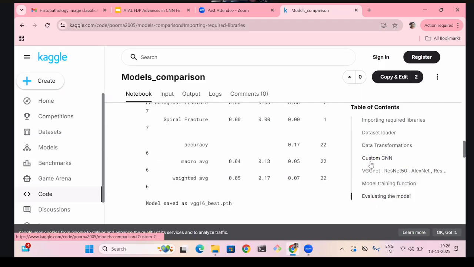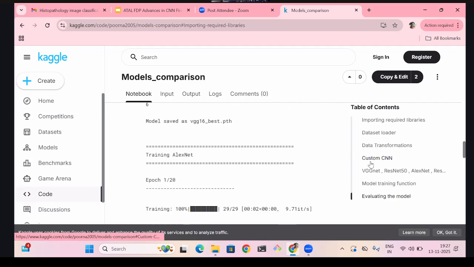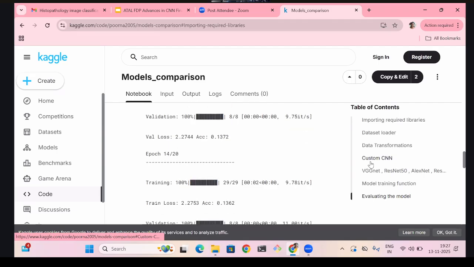So for our custom CNN, the accuracy is 0.17. I'll show you here the performance of the different models.